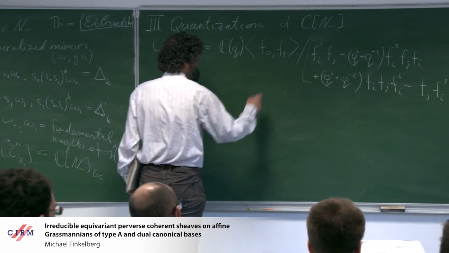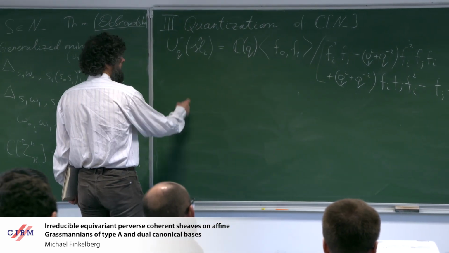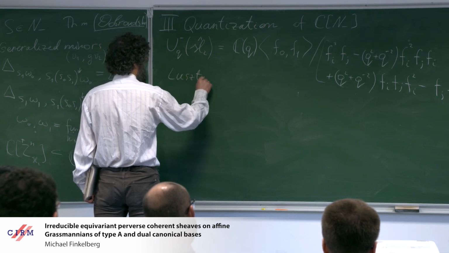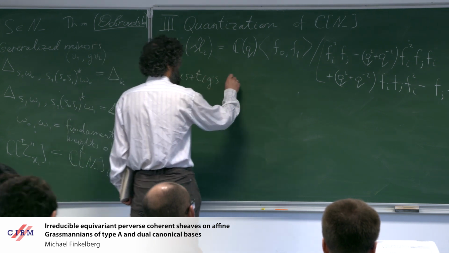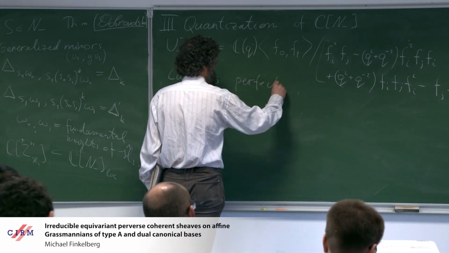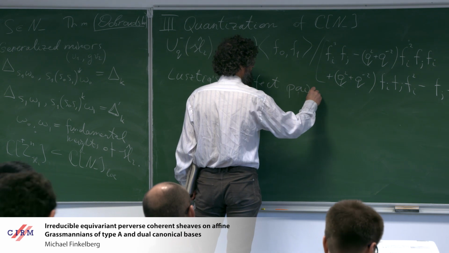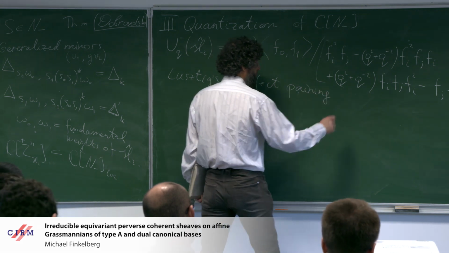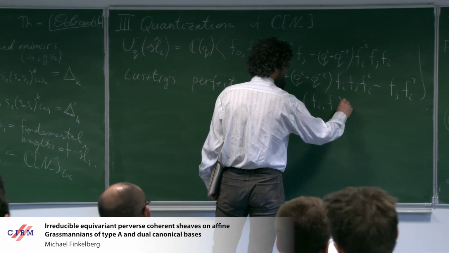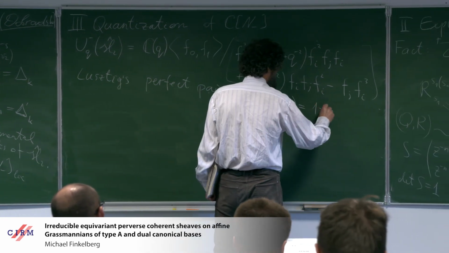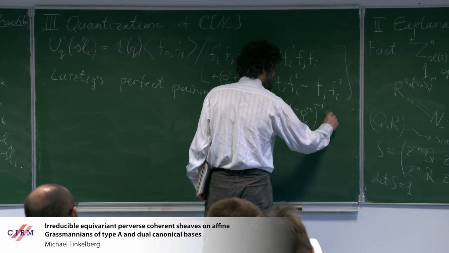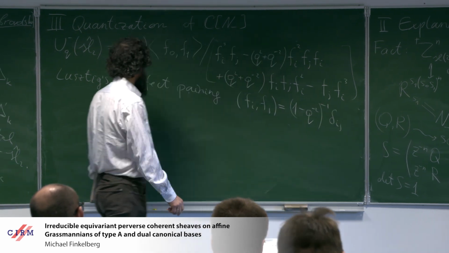And well, it carries Lusztig's perfect pairing, where the pairing of Fi and Fj is (1 minus q inverse squared) inverse delta ij.